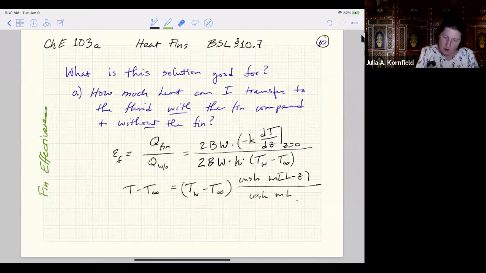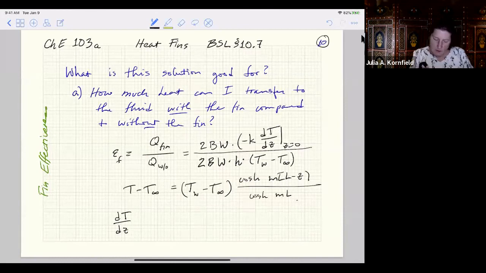And we want to take dT/dz. There's a minus sign over here, and we want a minus sign over there, so they're going to end up canceling.